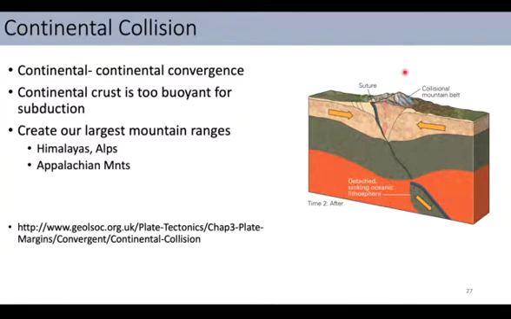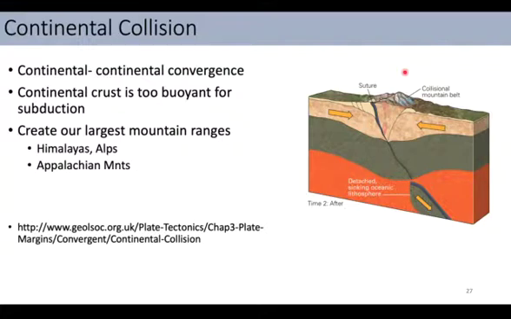However, if you remember the last two examples, we had dense oceanic crust subducting. Continental crust is never dense enough to actually subduct into the Earth. So continental crust is so light, it is not at all dense enough to subduct down into the mantle.